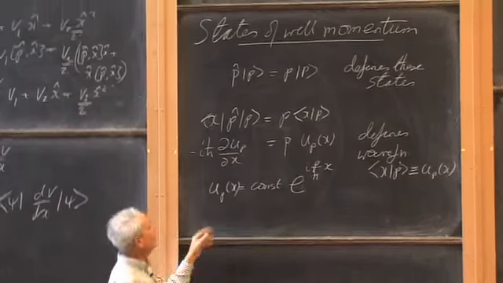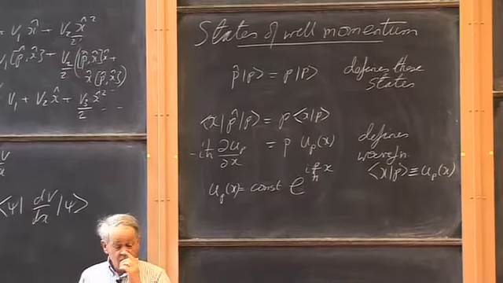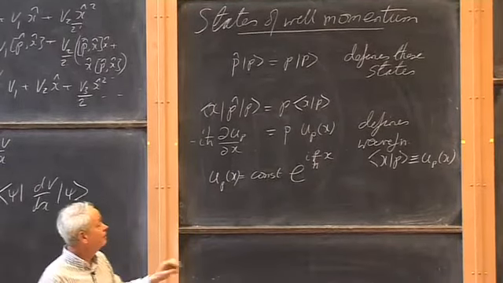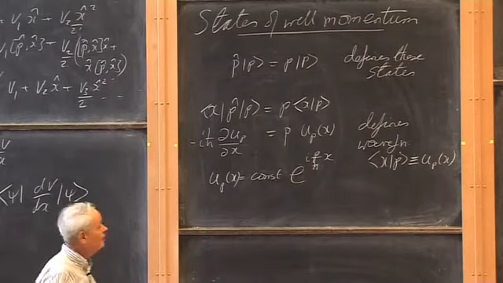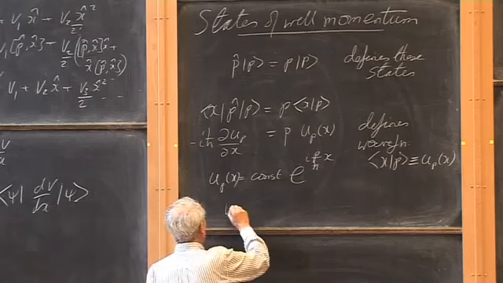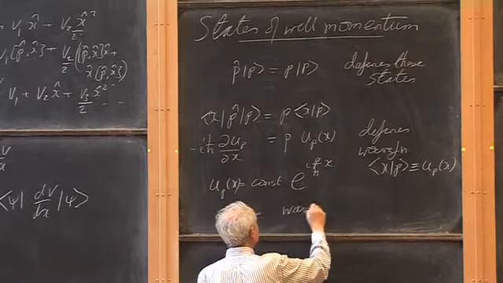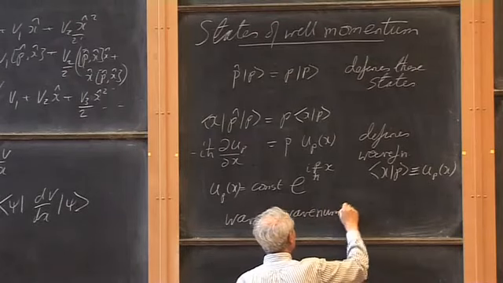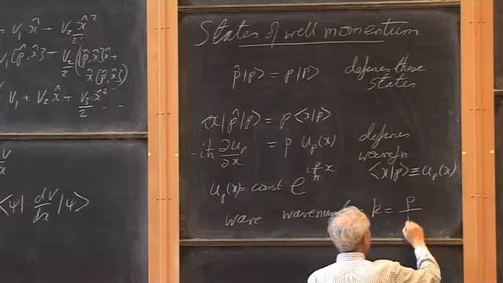So a state of well-defined momentum, the states in which you are certain to measure a given value of the momentum, is a plane wave, a wave like this. So it's a wave, and the wave number, usually called k, is the momentum divided by h bar.